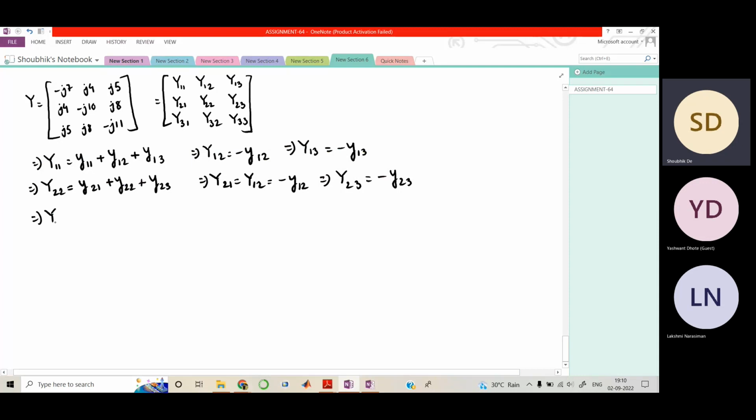Now your Y33 would be y31, y32, and y33. And Y32 would be y23 itself, which would be minus y23, and so this is Y31, right? This would be y13 itself.